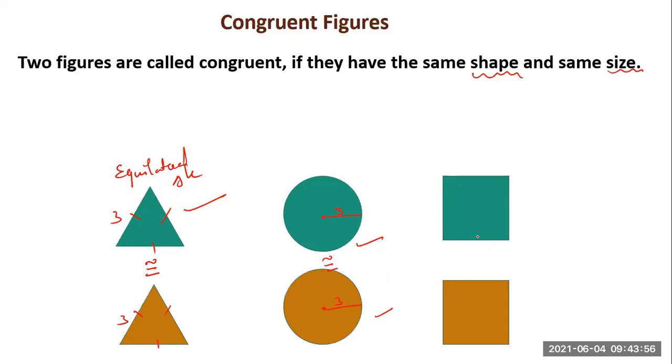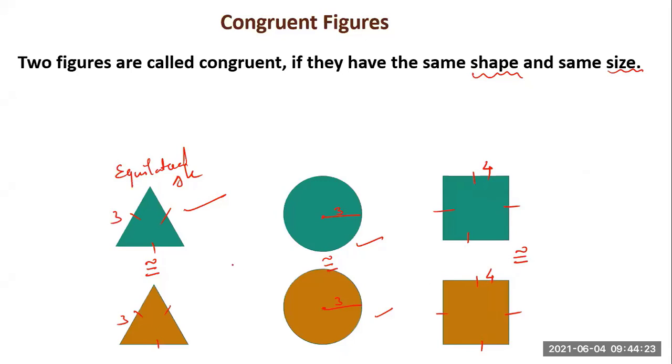In a square all sides are equal, that we know, and in this square also all four sides are equal. Suppose it is 4 centimeters and this one is also 4 centimeters, because we are taking squares with sides of the same length. So both the squares are congruent.